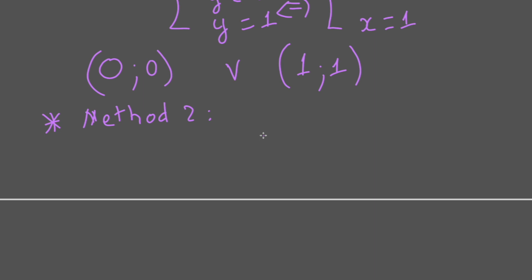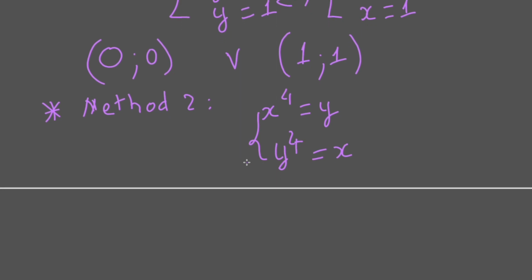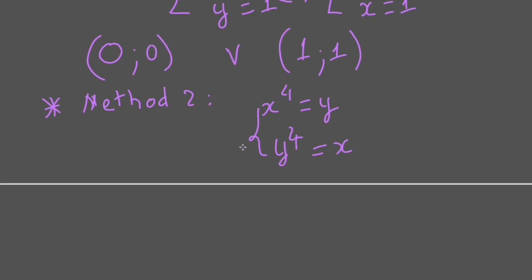So look at the equation. Rewrite it again. First of all, we put the condition for x and y. We have x to the power of 4 greater than or equal to 0, and similarly y to the power of 4 is also greater than or equal to 0.